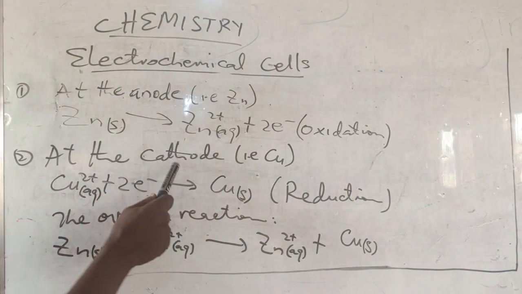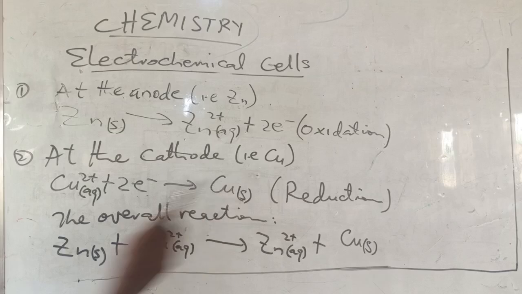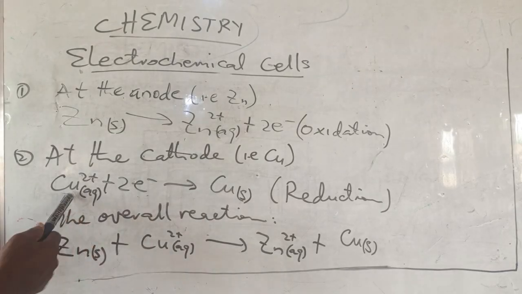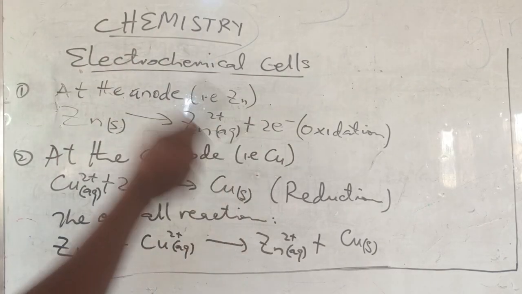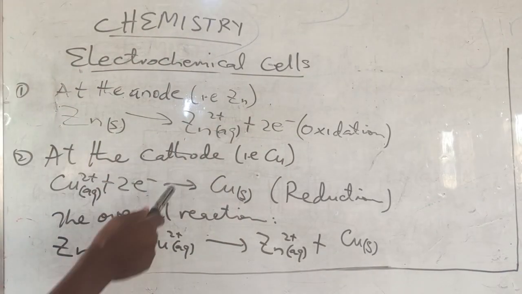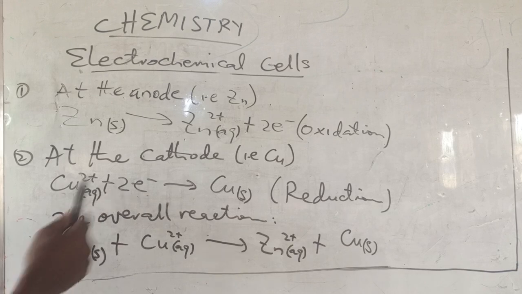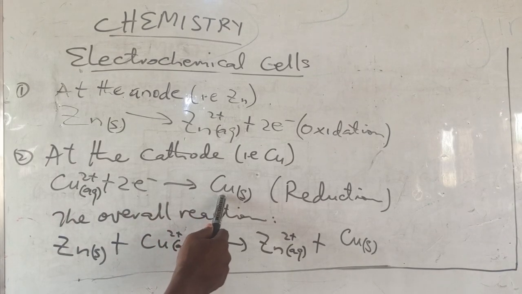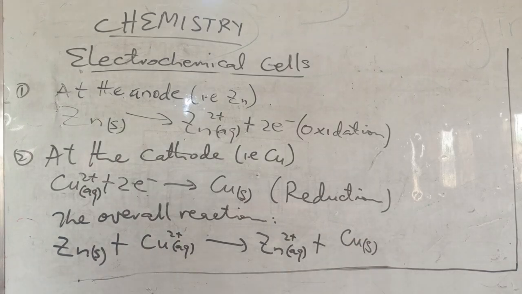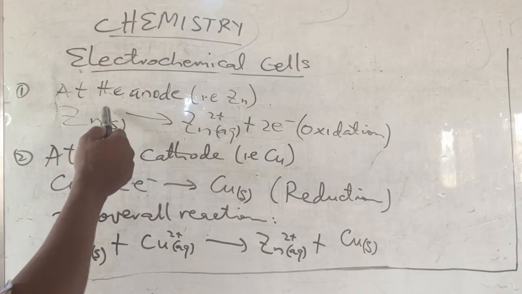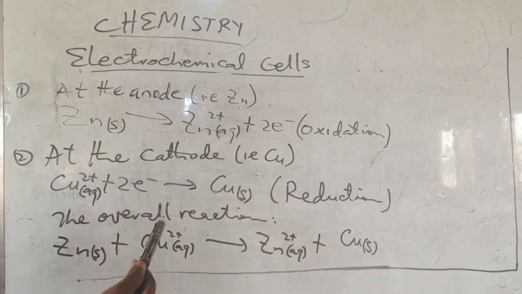And at the cathode, that is at copper, you have the solution. The copper 2 ions from the solution will obtain 2 electrons that are flowing from the other half cell down to it. It will obtain it and becomes part of the plate. That is reduction.